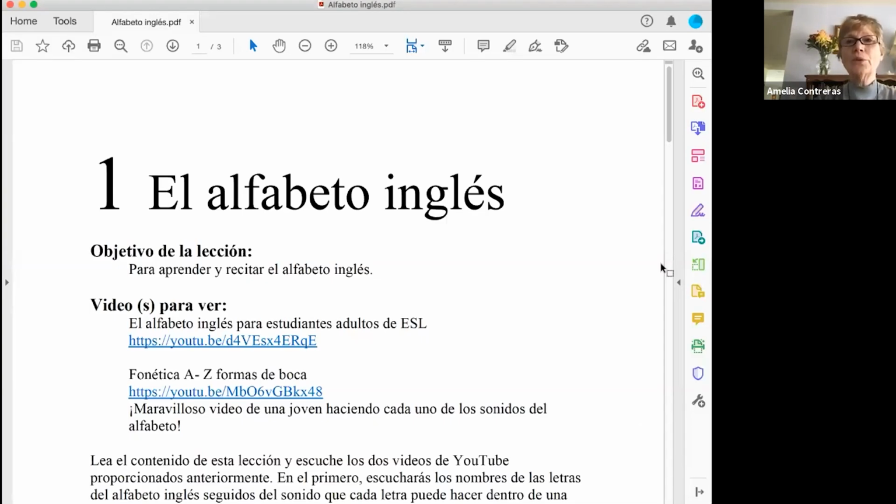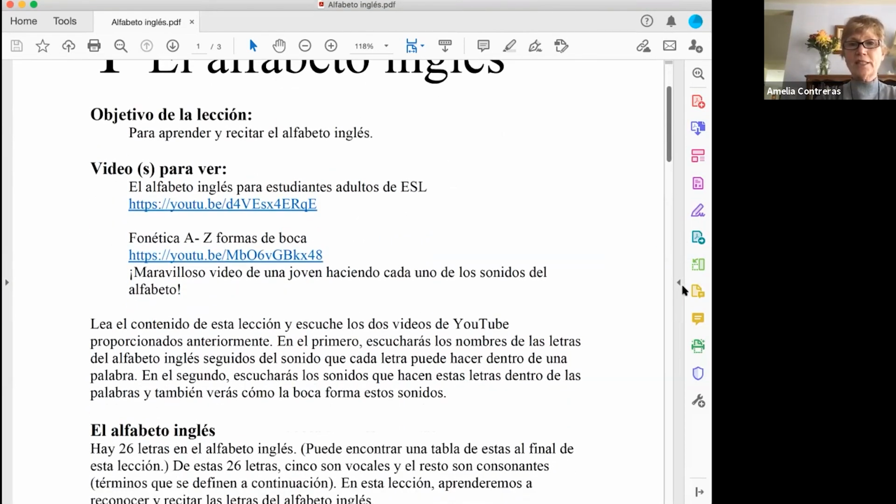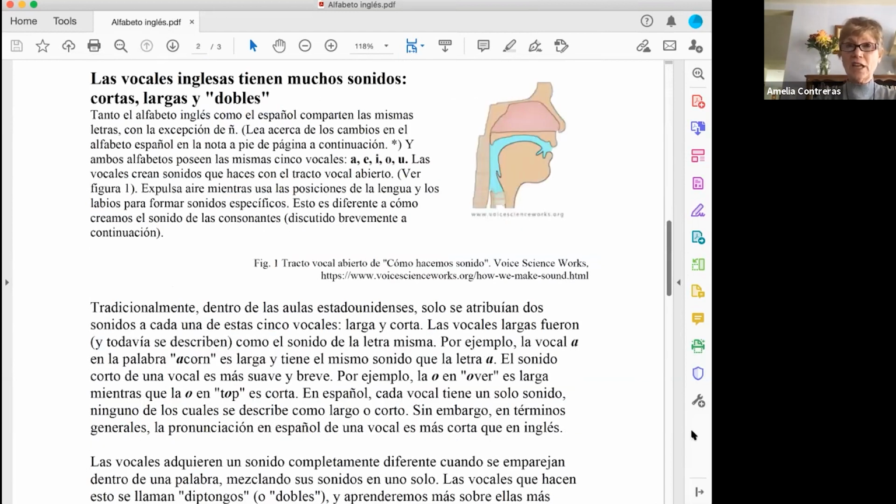I will now share that document with you. I have to open it on my desktop before I can share it. And so here we have the lesson. Now, just to show you, it's a very brief lesson, just 2 pages, and then a chart of the English alphabet.